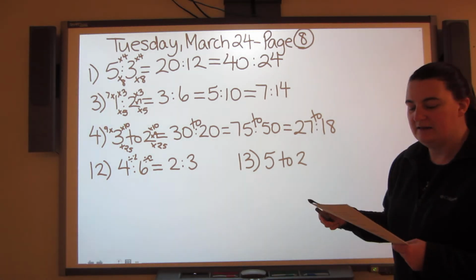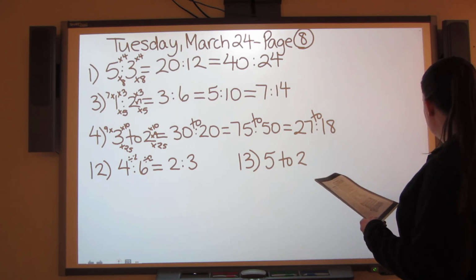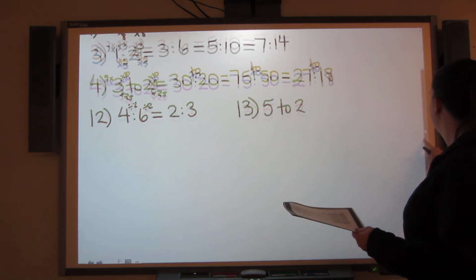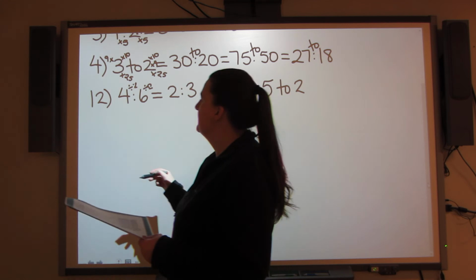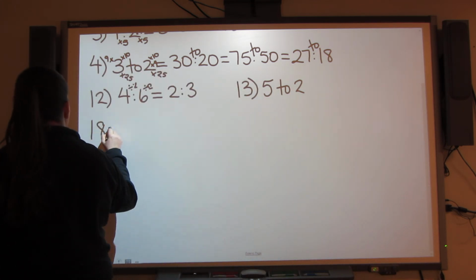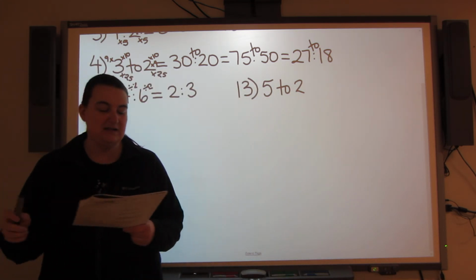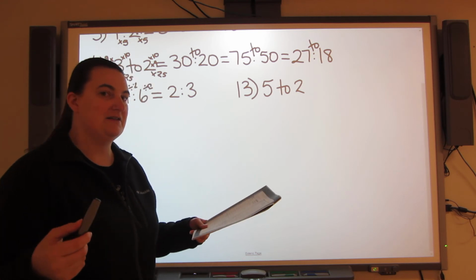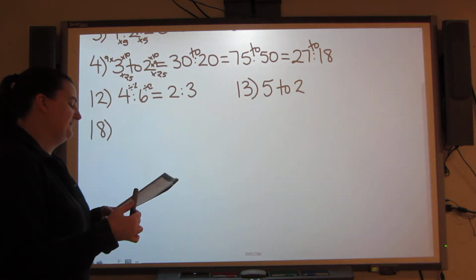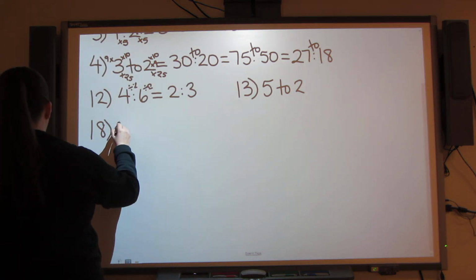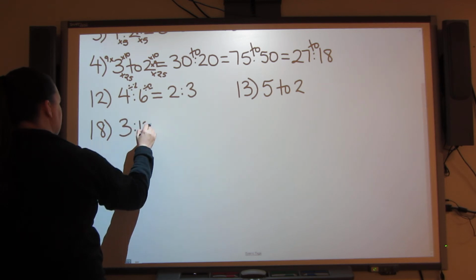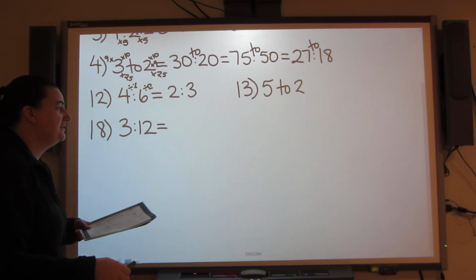All right. Let's take a look at number 18. So for number 18, it says write each ratio in lowest terms. Well, we just did that, but we're going to do it again. So 3 to 12.